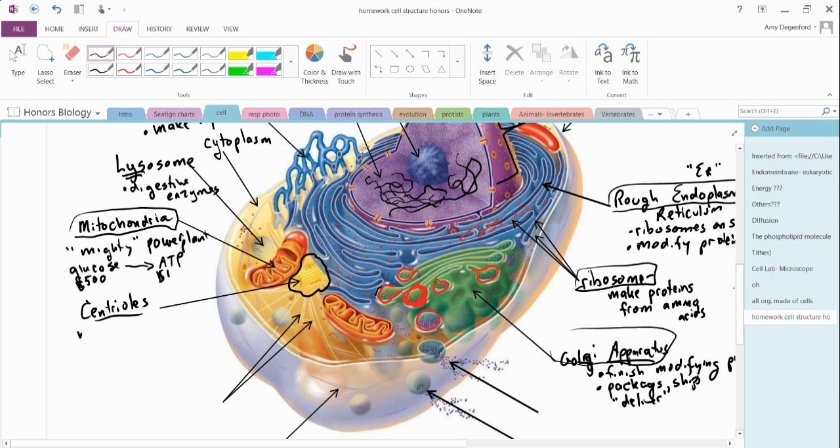So those are the little yellow molecules. And if you notice the little yellow strings coming from it, those are the microtubules. And the microtubules are going to form what's called the cytoskeleton. That's going to be really important in holding the shape.